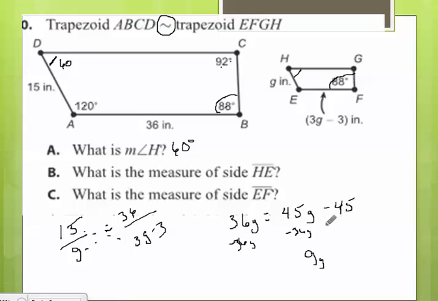And I'm going to add the 45 to both sides, and I'll get 45 is equal to 9 G's. Divide by 9. G is equal to 5. So I found HE, that's 5. EF, that's going to be 3 times 5 is 15 minus 3 is 12. Woohoo. Answered that one real easily.